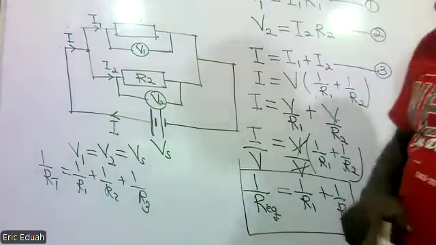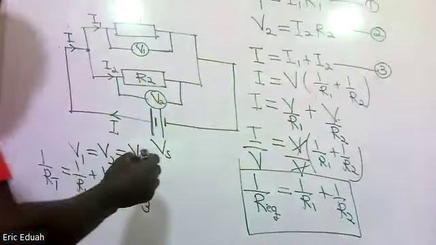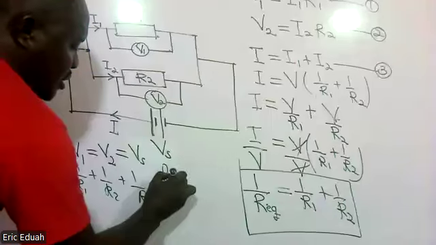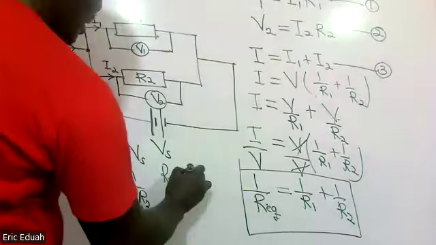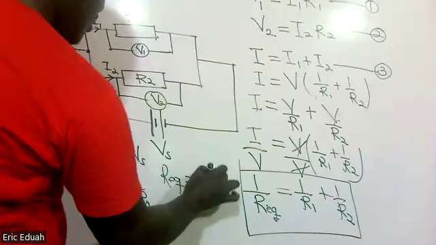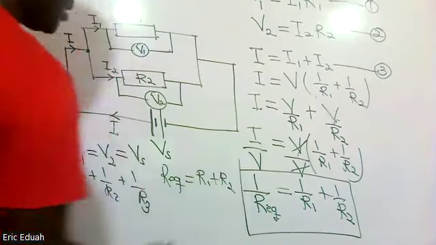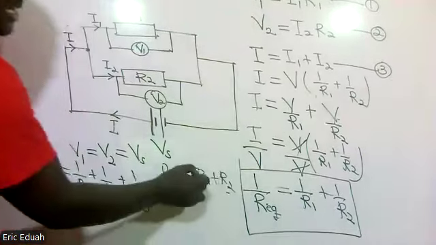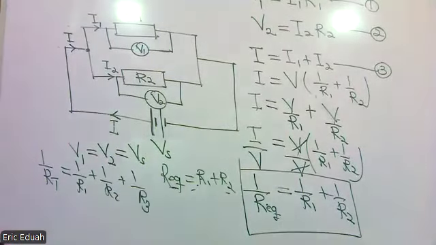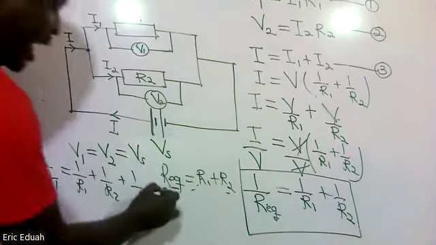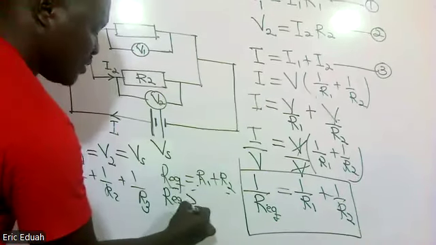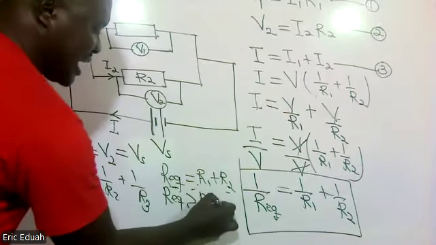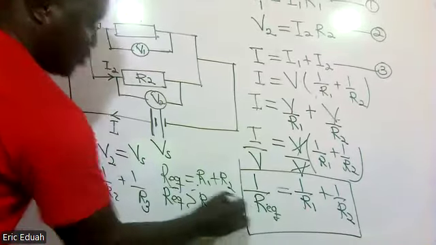So in series connection, R equivalent or R effective or R total is equal to R1 plus R2, because we are adding these two. R total will always be greater than R1 and R2.